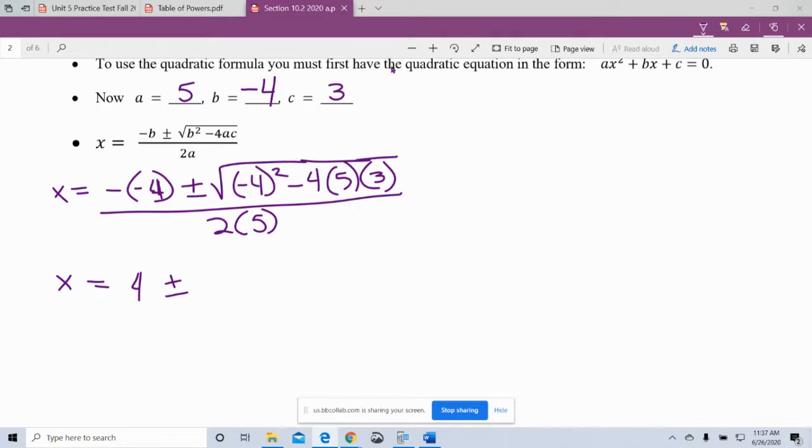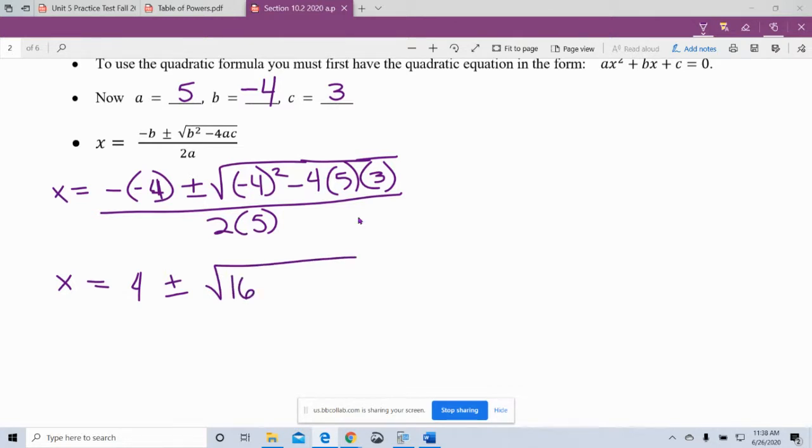If you're going to do this by hand, this radicand, the part underneath the radical, you better make sure that you get a positive 16 when you square that negative 4, because it is the b that is supposed to get squared here. And our b is negative 4. If I square a negative 4, it means I'm doing a negative 4 times another negative 4, and that's going to give me a positive 16.